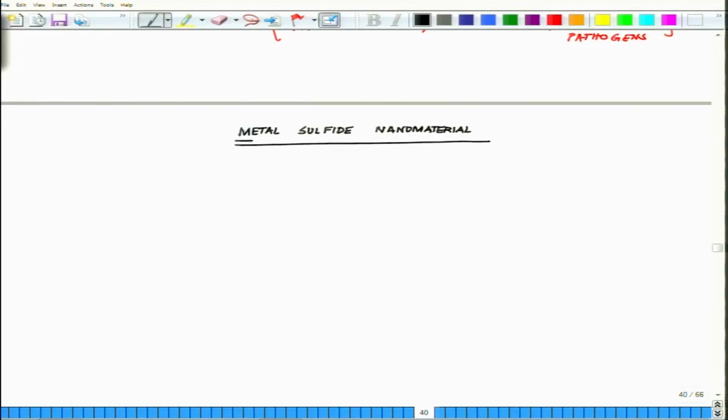So, the metal sulfide, here the metal is iron, sulfide is S. So, the compound whose nanomaterial we will be dealing with is FeS2, which is also called pyrite. Earth crust is very rich in pyrite.